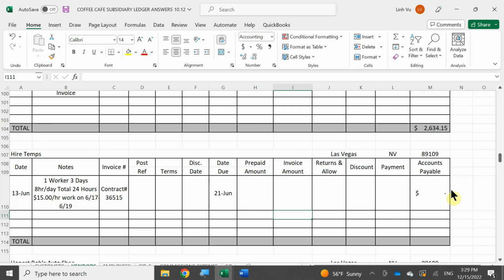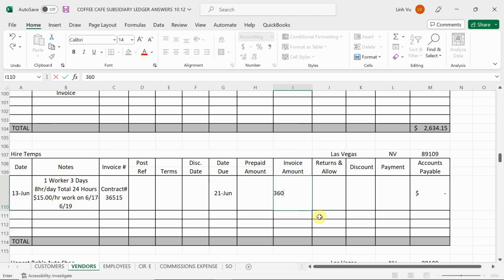I'm just going to put it in here as a quick reminder of what that calculation was. When the tornado first arrives, did my worker come in? If they did, I paid them the $360 that I owe. Okay? Done.